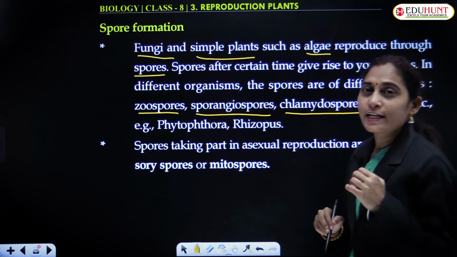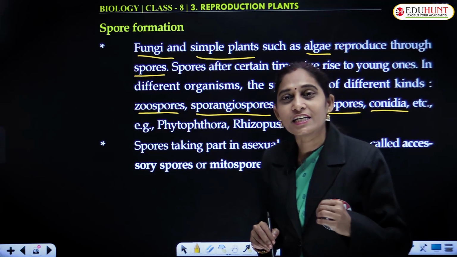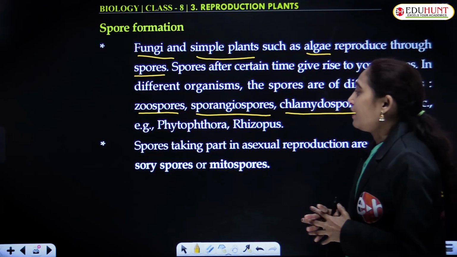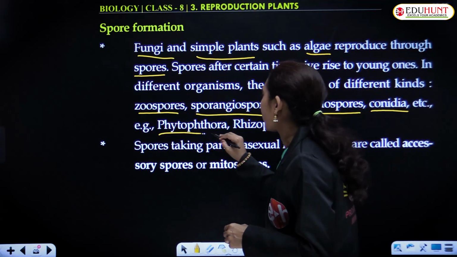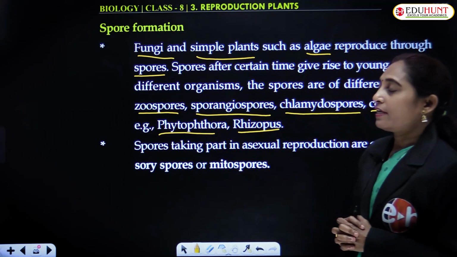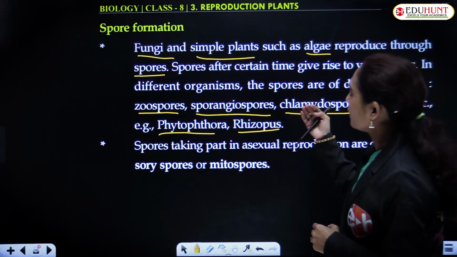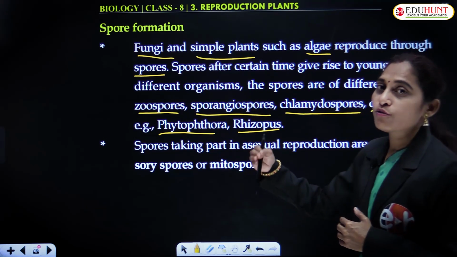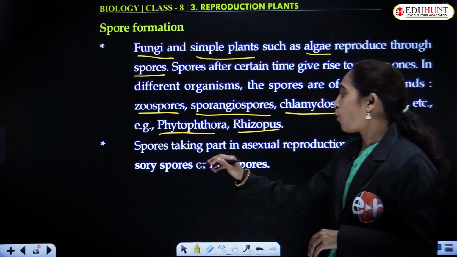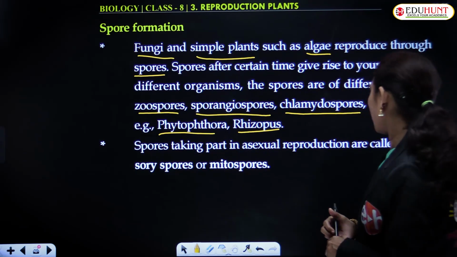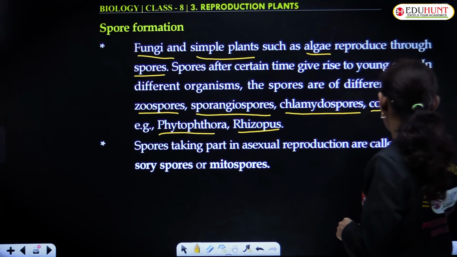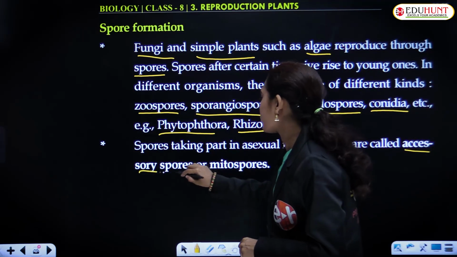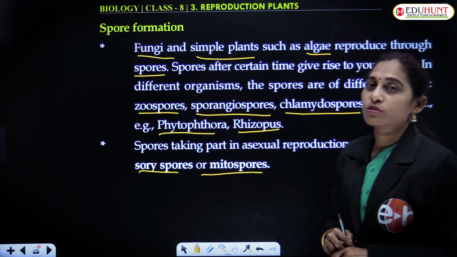Conidia, conidia are seen in Penicillium. And even Phytophthora, Rhizopus are the examples. They produce this kind of spores. Spores taking part in asexual reproduction are called accessory spores or mitospores.